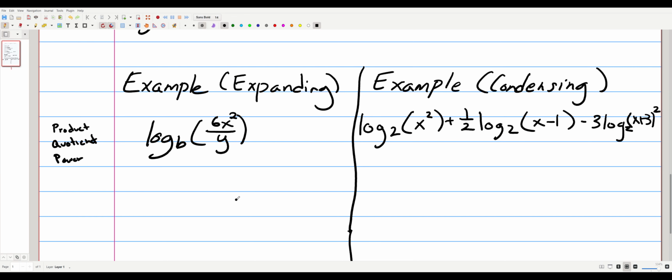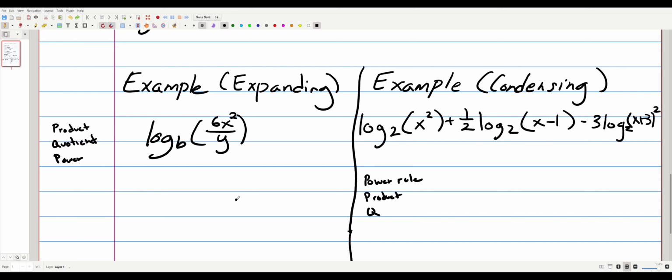Okay? If we're condensing logarithms, what we're going to want to do is apply the power rule, then the product rule, and then the quotient rule. Okay? So just keep that in mind.